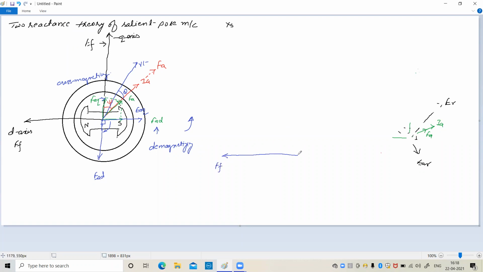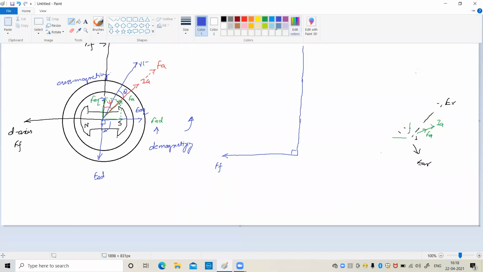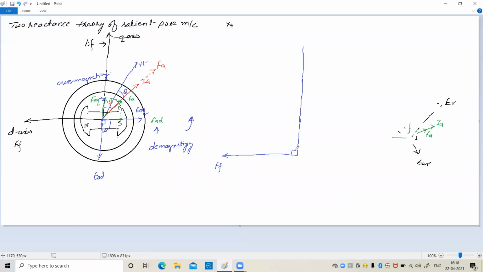It will produce EMF which is lagging by 90 degrees. It produces the excitation EMF somewhere, lagging by 90 degrees from this one. Now there is an armature current and terminal voltage. The armature current is lagging with respect to the terminal voltage.